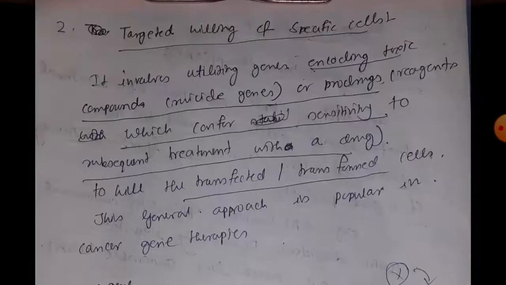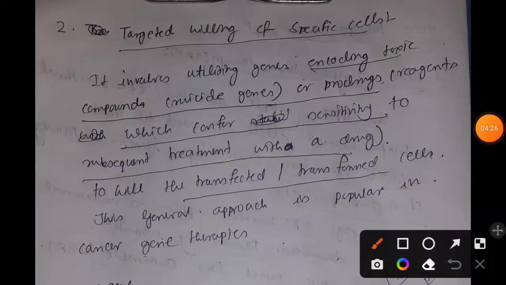Next, let's talk about the next important principle, that is targeted killing of specific cells. How is it done? Here we are utilizing two kinds of genes depending on our choice. One gene will code for a specific toxic compound, so this gene is known as a toxic gene, or more specifically a suicide gene.